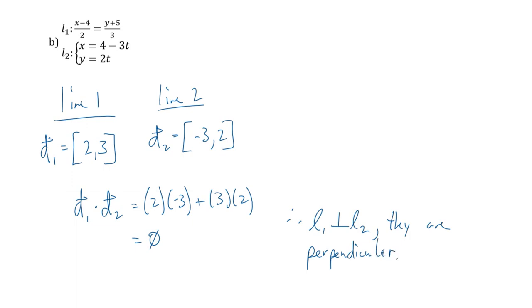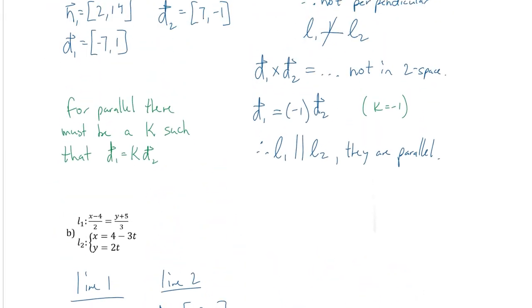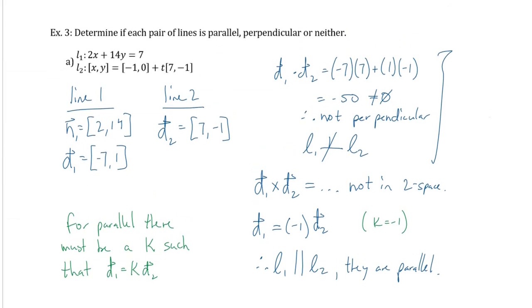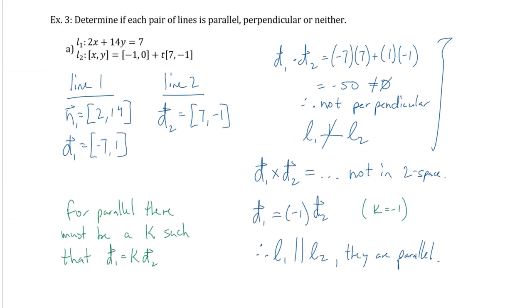A common question is, do we have to do both? Like, can't I just by inspection see that that's not going to be 0? Why do I have to show that? Yes, that's true. If the question just says determine if they're parallel or perpendicular, and you can by inspection figure out which one it is, you just have to show that. If the question is worded to say prove that it is not parallel, then maybe you would have to show more.